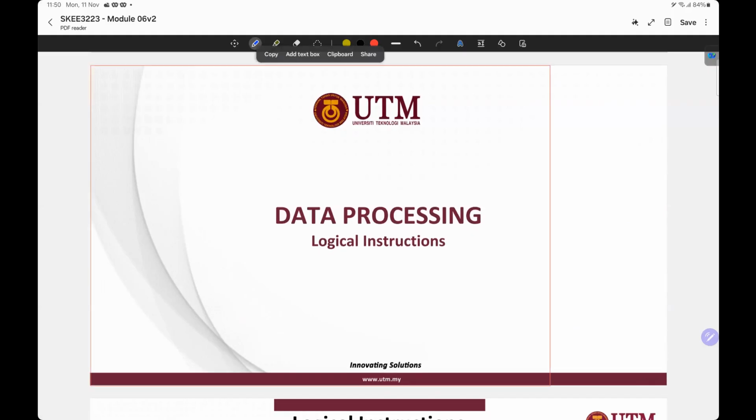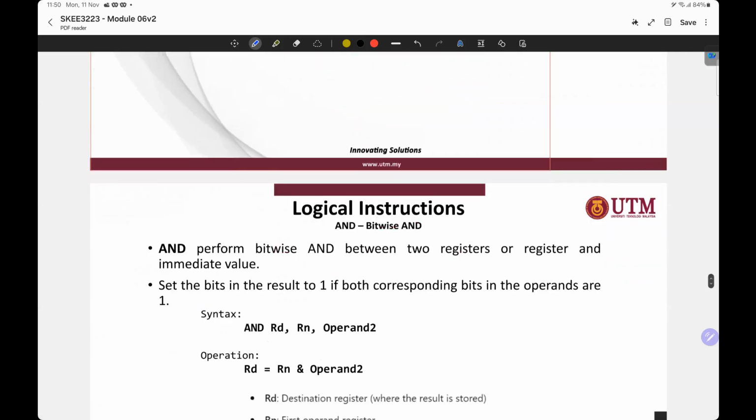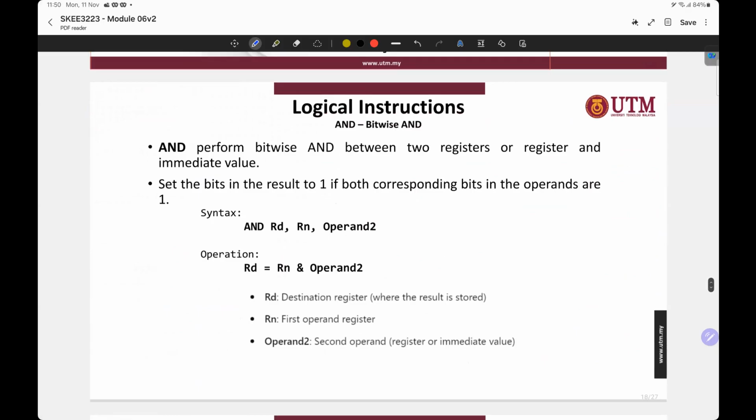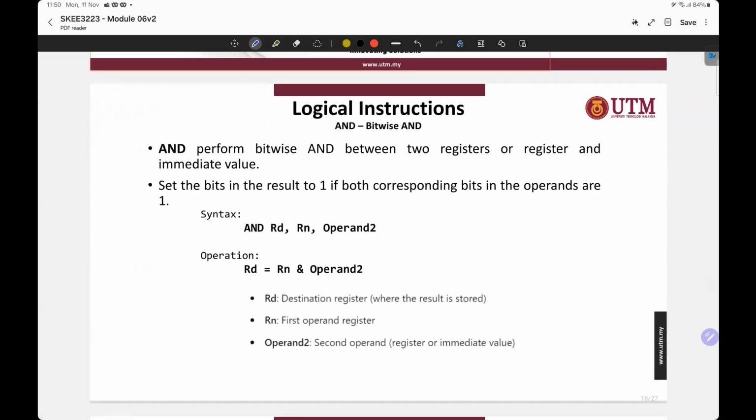So what are the instructions for the logical? The first logical instruction, we call it AND, or sometimes bitwise AND. What does this bitwise AND do? The AND performs a bitwise AND between two registers, or a register and an immediate value.